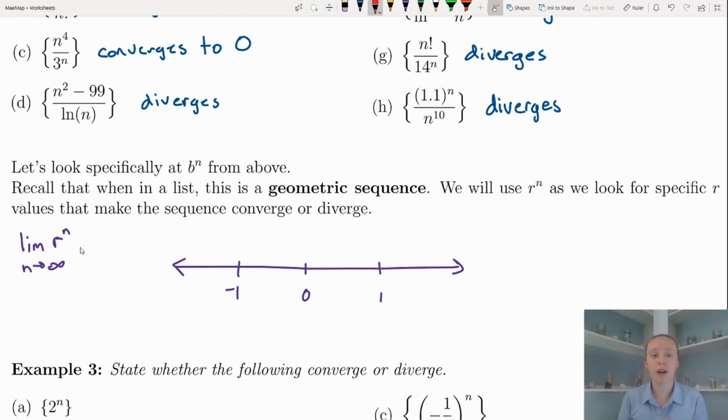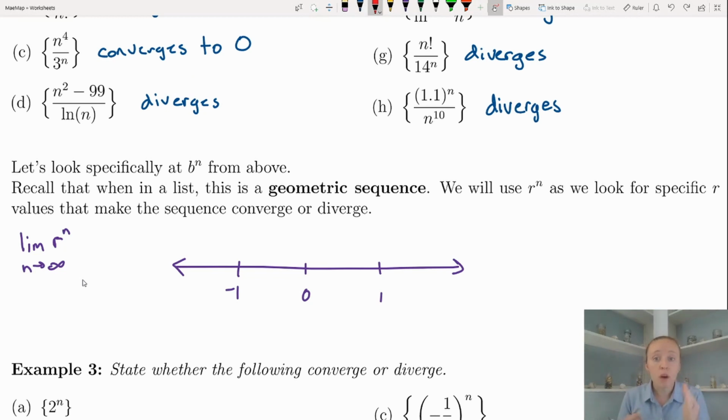1 raised to any power is always going to be 1. And we don't need to apply L'Hopital's rule here because I'm not taking a function of n that's approaching 1 and then raising it to some n that's infinity. I'm literally taking the constant 1 and raising it to the n as n approaches infinity. That's always going to be 1.